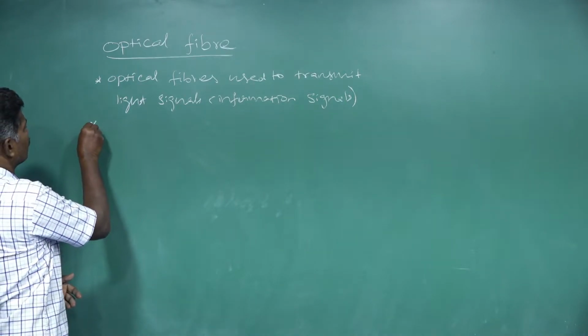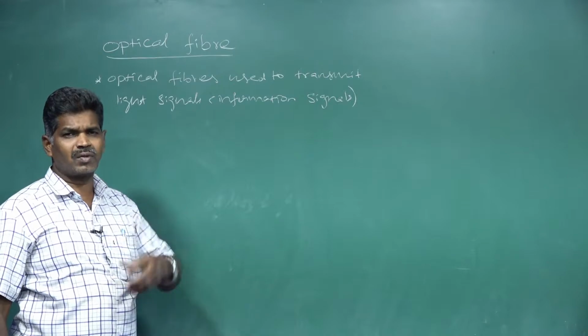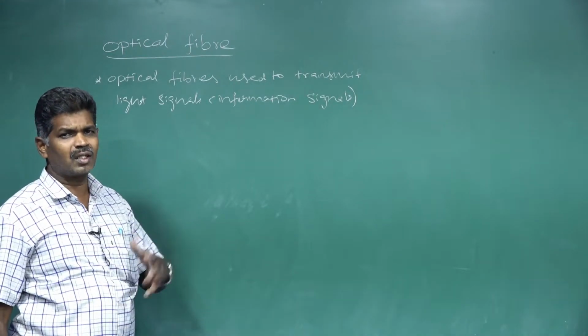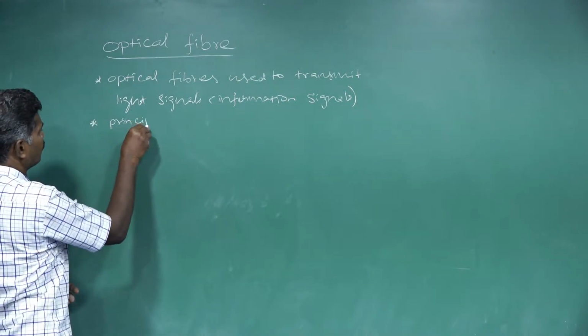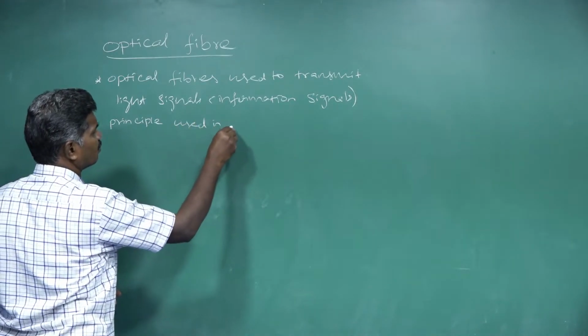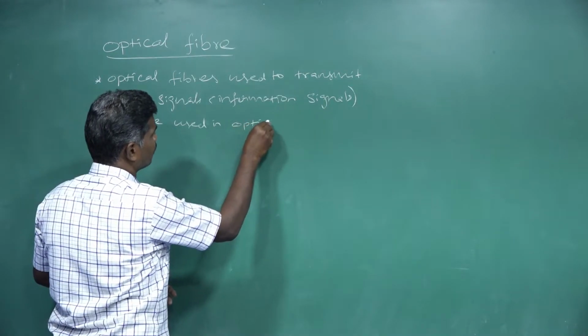Then the second point is the principle we are using, which is total internal reflection. That is the principle used in optical fibers.